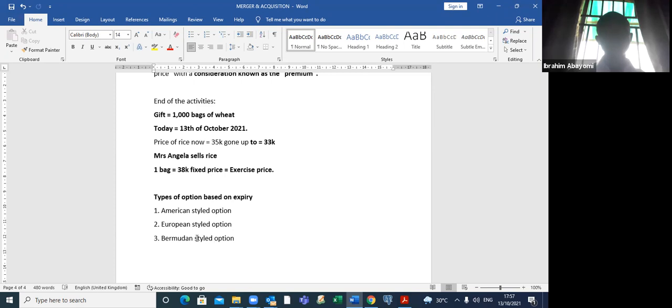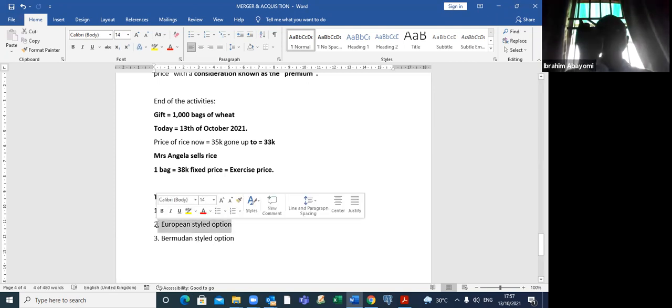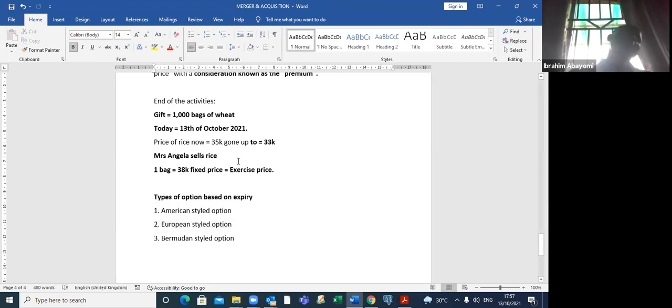Now, European. A European styled option is an option contract that can only be exercised on the last day of the expiration of the option contract. So if the option contract I've entered into is a European style option, I will not be able to exercise my right until December 31, the last day of the contract.